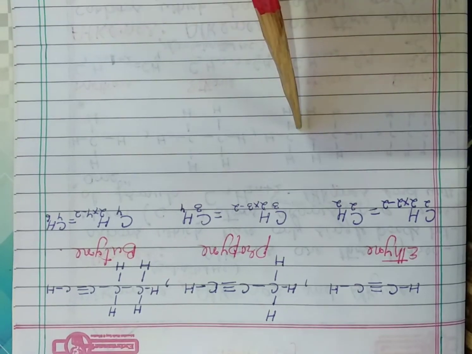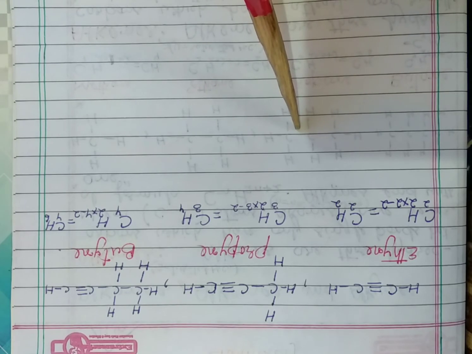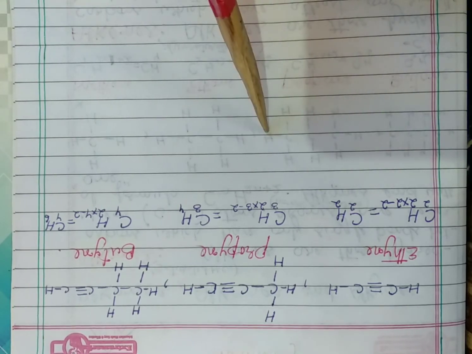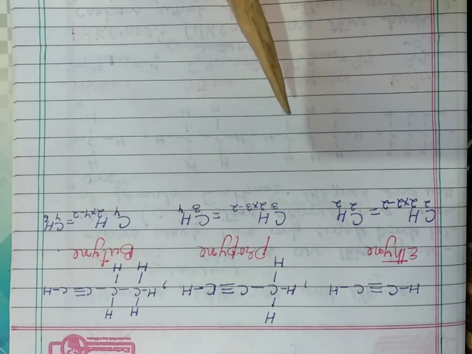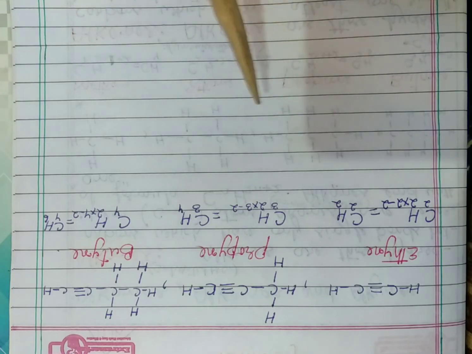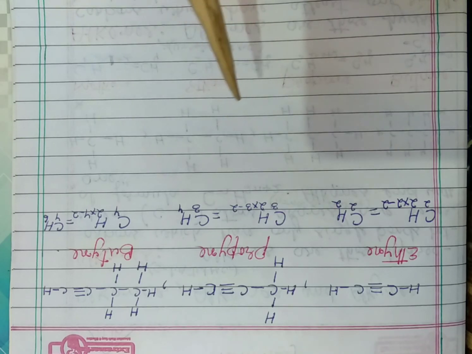As far as the formula is concerned, alkanes have CnH2n plus 2, alkenes have CnH2n, and alkynes have CnH2n minus 2. As far as the suffix is concerned, the suffix of alkanes is ane, of alkenes ene, and of alkynes yne.